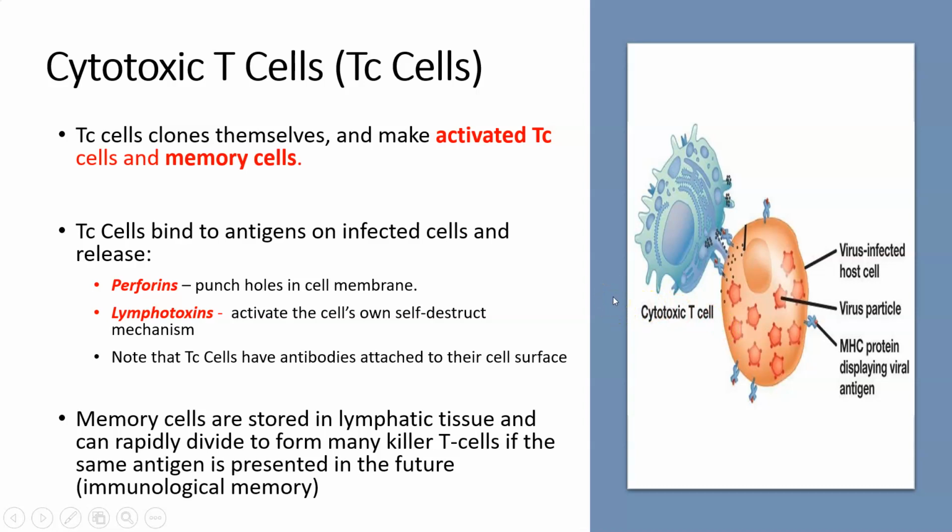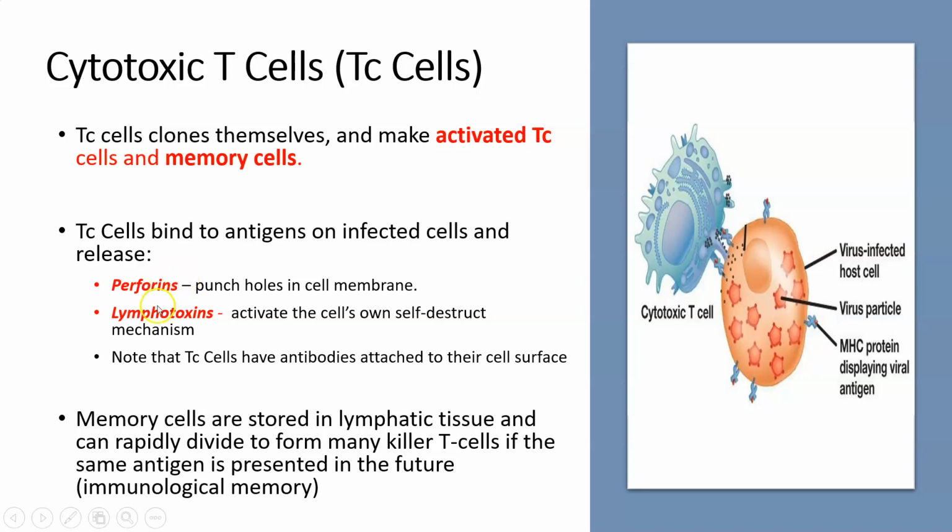So what it does is it binds to the antigens and secretes the first chemical, perforins, and what that does is it creates pores. So it punches a hole in the cell membrane. And what that does is that allows liquid to either rush out or rush in, and that lyses the cell.